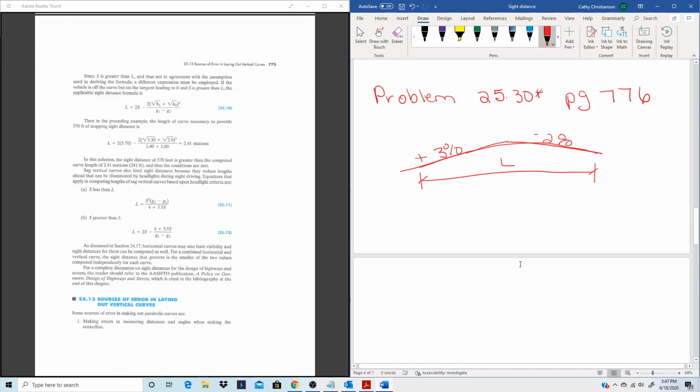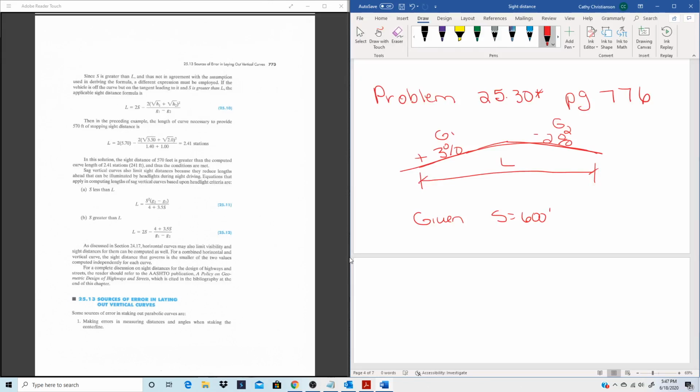So it gave you S. Given S is 600 feet. That would be your G1. That would be your G2.